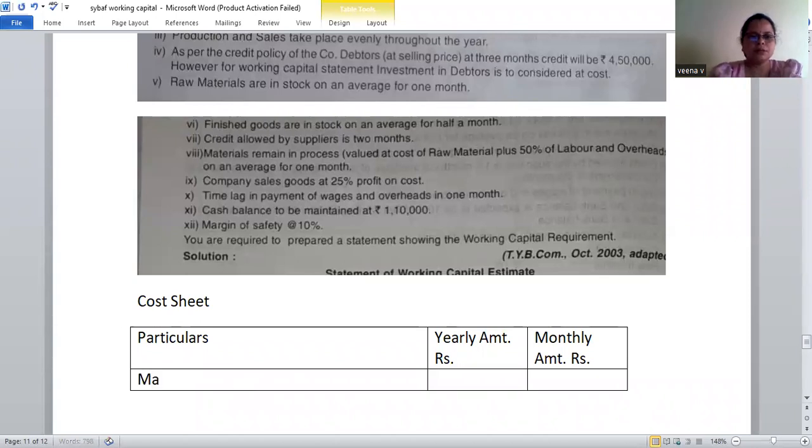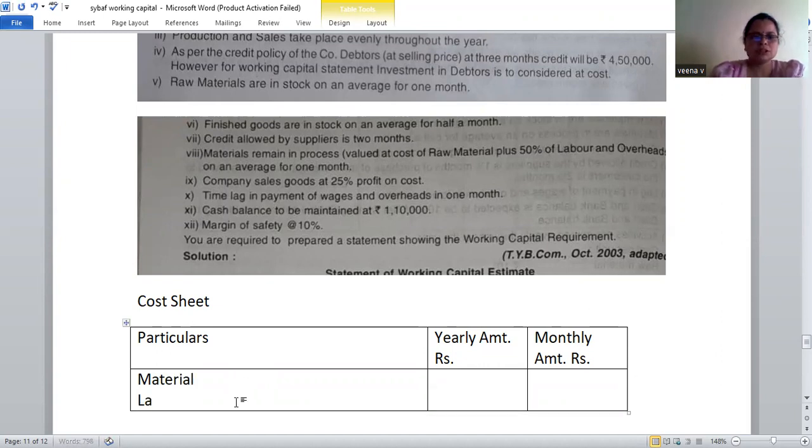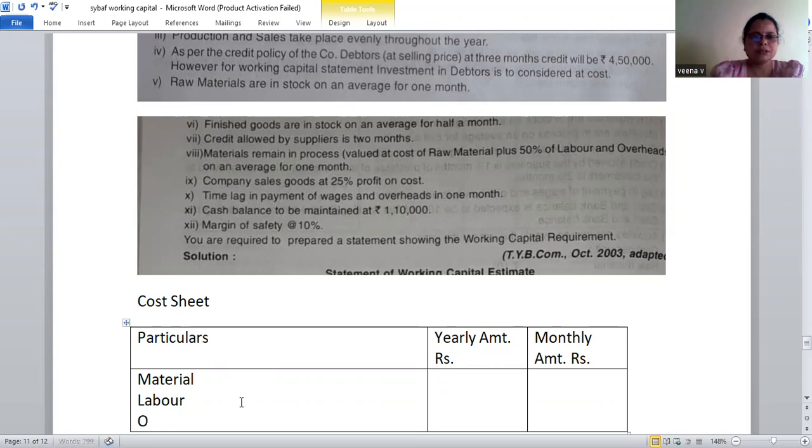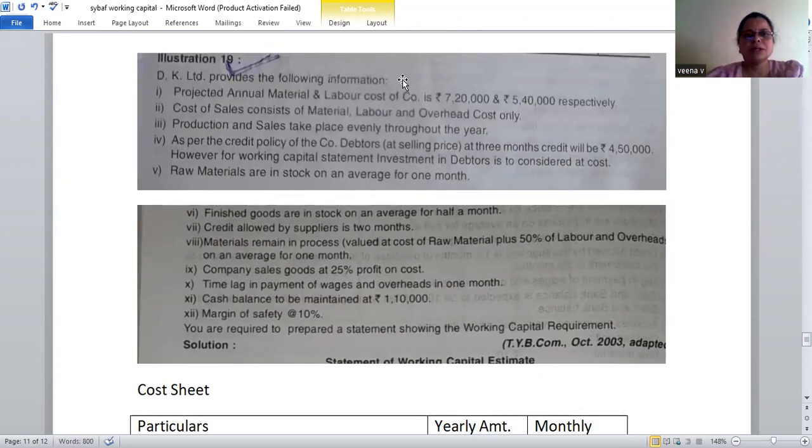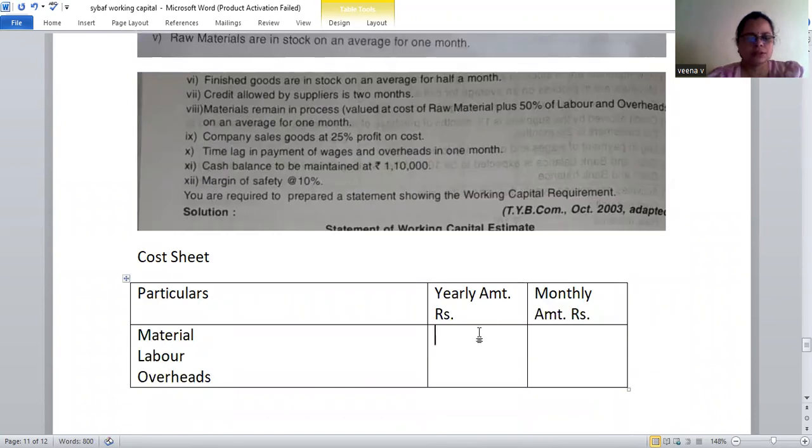First one is material. Then labor or wages. And then overheads. So yearly figures for material and labor are given, 7,20,000 and 5,40,000.